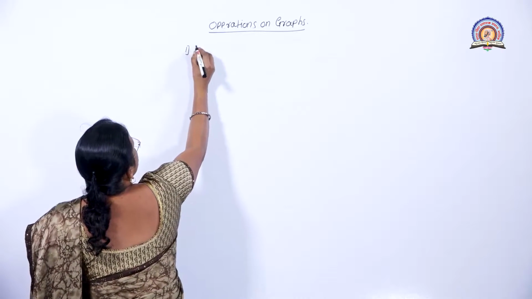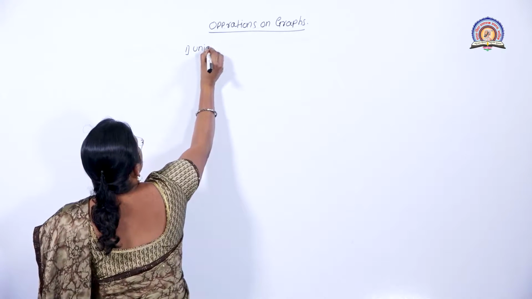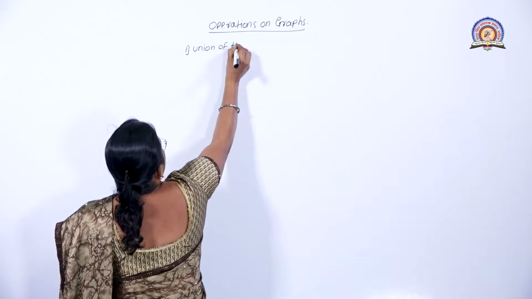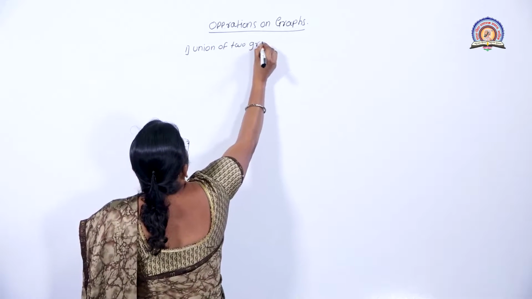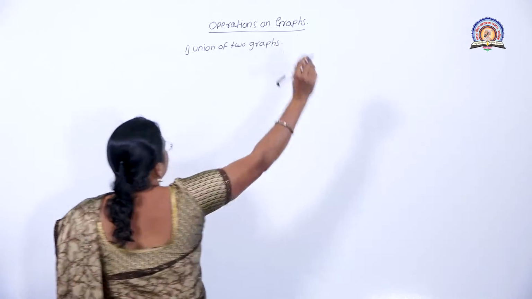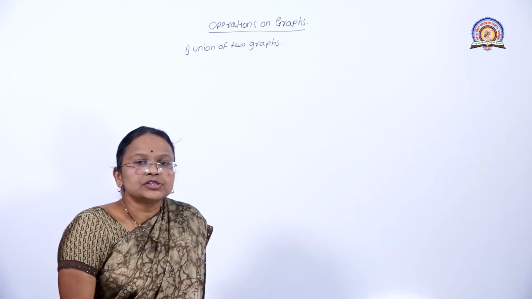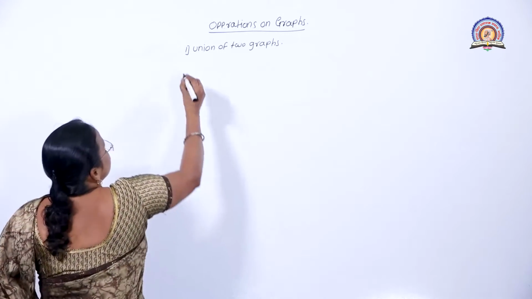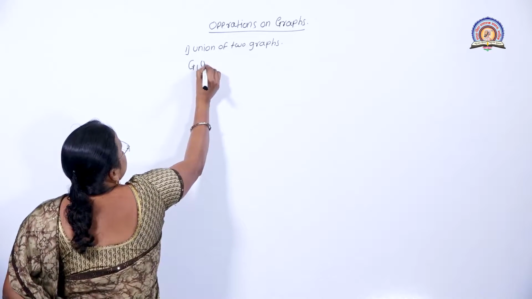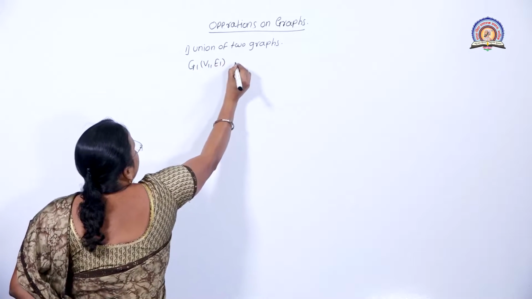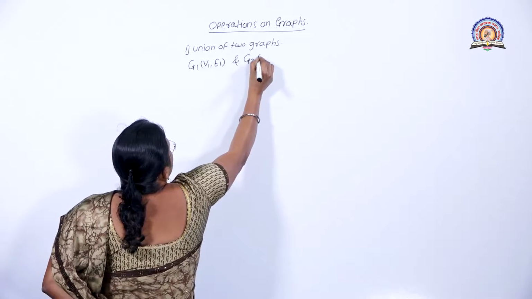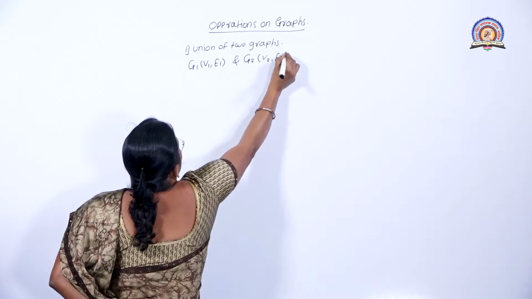Our first operation is union of two graphs. Suppose we are given two graphs, G1 (V1, E1) and G2 (V2, E2).